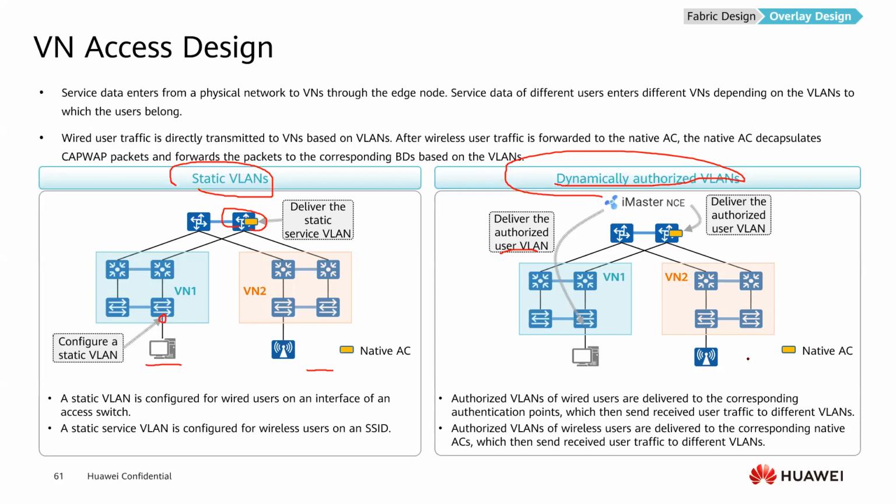So in this authentication, it does not support the dynamic authorized VLAN, because it will only use the VLAN that is pre-configured, statically configured before the portal authentication. Because the wireless users who want to go through the portal authentication need to get the IP address first. So this is a special example.